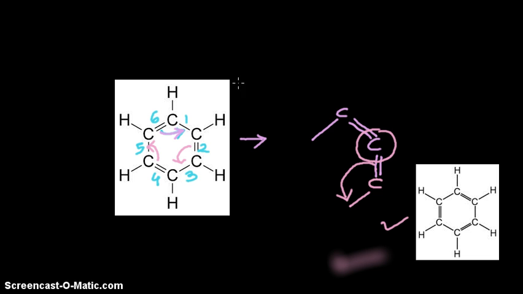If you compare both these structures, they are different in the sense that the residents have changed positions. Otherwise, both these structures are the same and interchangeable. These two structures are called resonance structures.